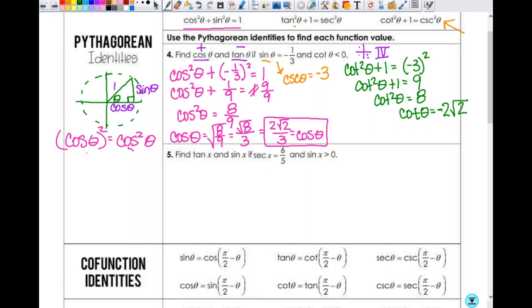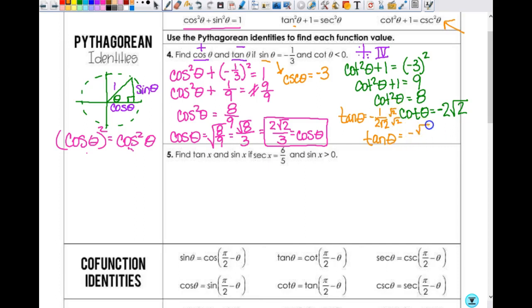I don't want cotangent. I want tangent, right? So how do I find tangent? It's the reciprocal. So the tangent of theta is equal to negative 1 over 2 square root of 2. And then when I rationalize, I get negative what? Multiply this by the square root of 2 over the square root of 2.